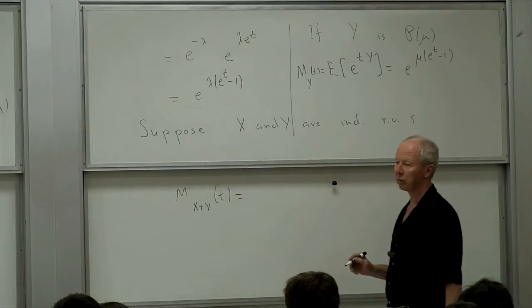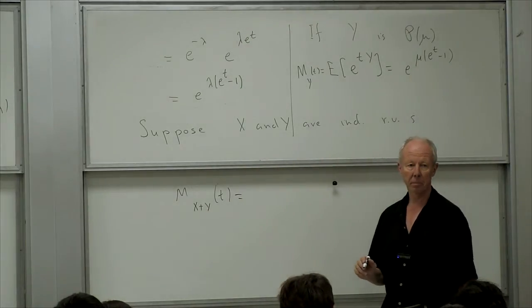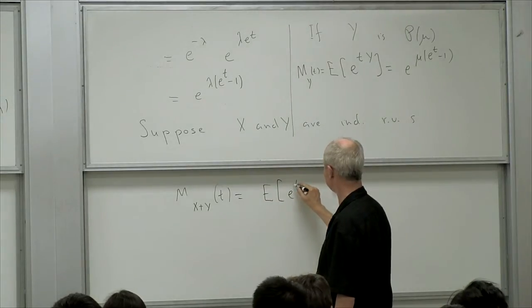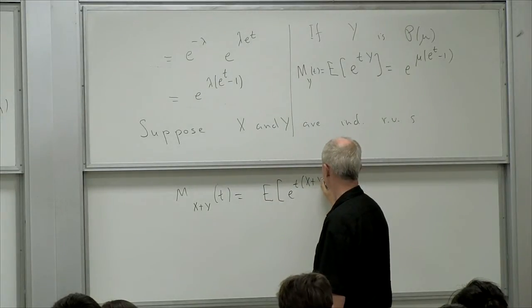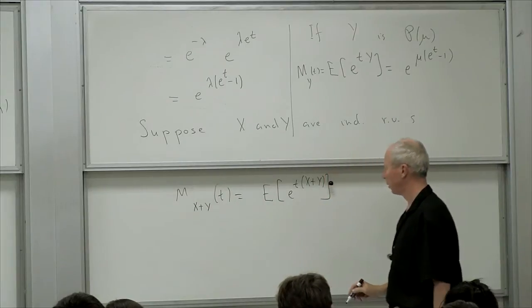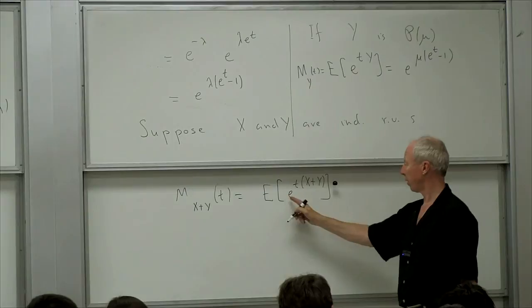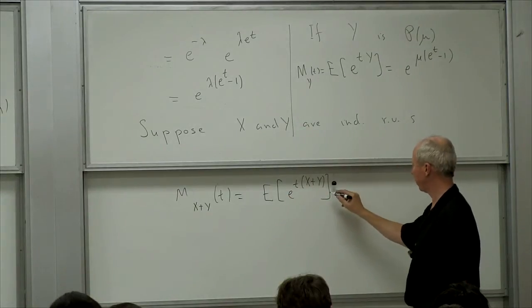What's the moment generating function for the sum of independent random variables? Well, just by definition, the moment generating function of the sum would be the expected value of e to the t times the sum.